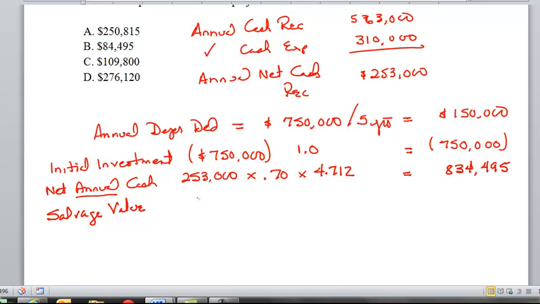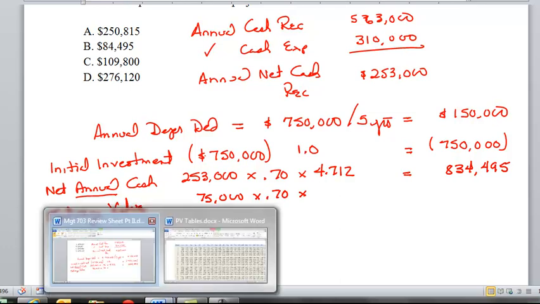The next thing we want to think about is our salvage value. Salvage value is $75,000. Again, it's positive, it's income. We're going to therefore net 70% of that, but we're not going to use the 4.712. The salvage value comes at the end of the 7 years.